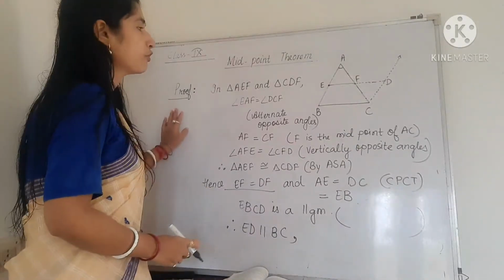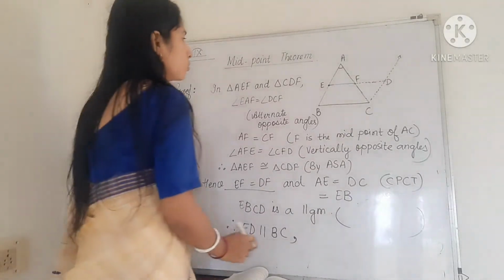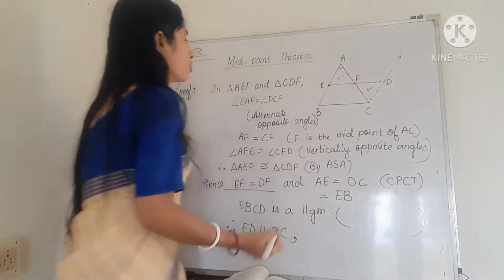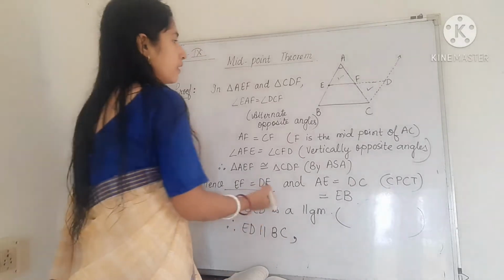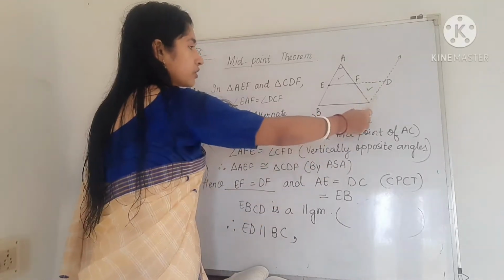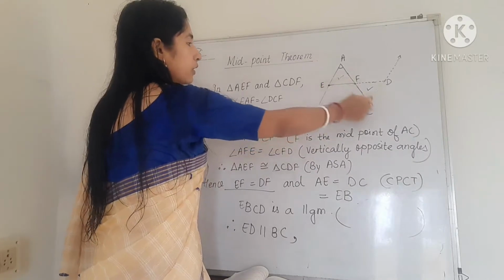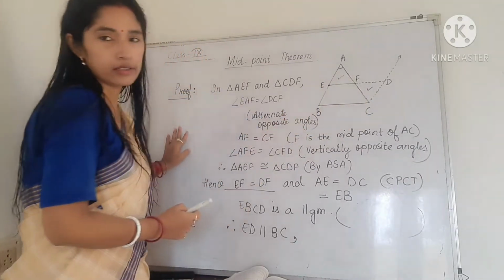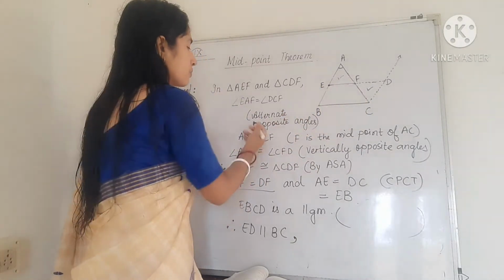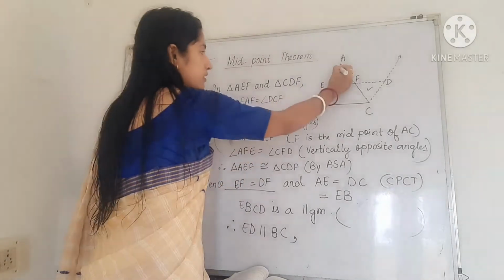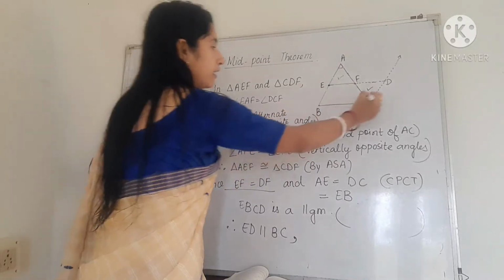Next, let us start the proof. In the proof, I am taking two triangles. The two triangles are triangle AEF and triangle CDF. So in these two triangles, as already by construction, we have written CD is parallel to BA. Therefore, there are some alternate angles. The first pair of alternate angles is angle EAF equal to angle DCF.